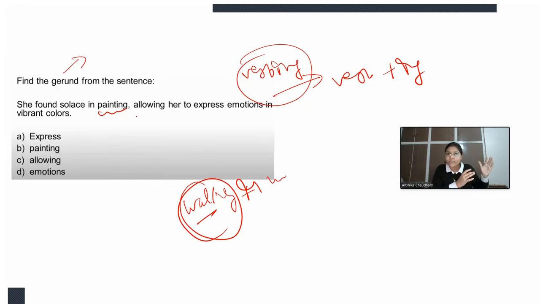She has a hobby which is called painting, or painting is her hobby. So both are different. In one, painting is working as a noun, and in the other, painting is working as a verb. So wherever we have verb plus ing and this word is working as a noun, that is what a gerund is. So here painting will be the correct answer.